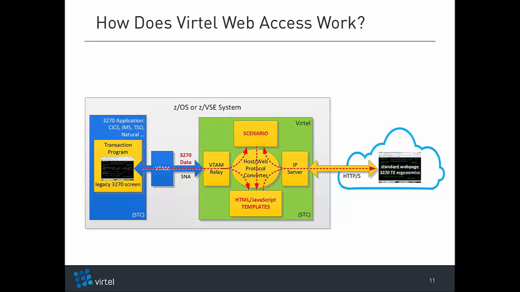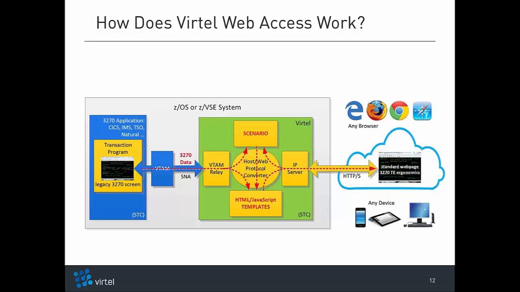With different scenarios and templates, Virtel could convert the screen user interface into a modern GUI or serve the host application as reusable web or message services. But that's another story for another day. In any case, the resulting web page can be rendered by any web browser running on any device.